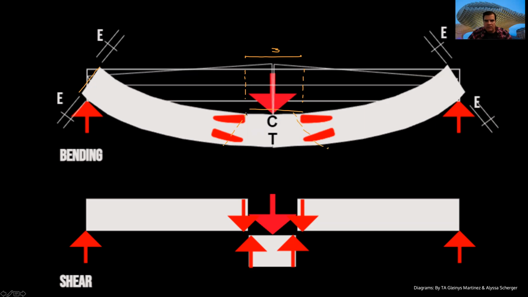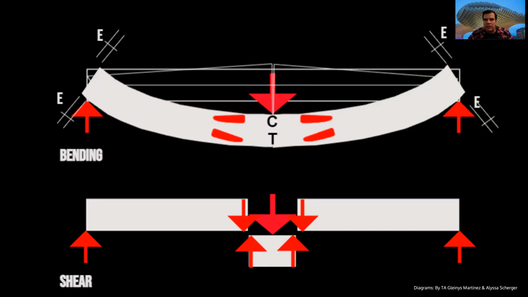You will have less than 3 inches in the superior part, more than 3 inches in the area at the bottom, and exactly 3 inches in the middle. This element here is an axis that does not change dimension. Instead, in the superior part we'll have compression, it will become smaller, and the part at the bottom will become longer. That axis is called the neutral axis, and it's an axis where there is no tension and no compression.